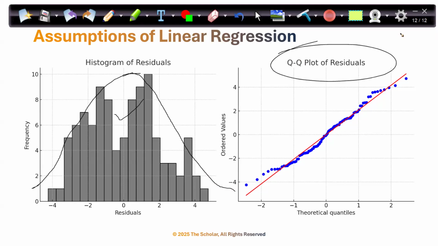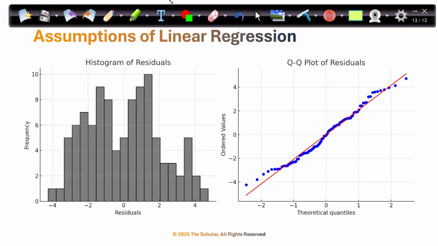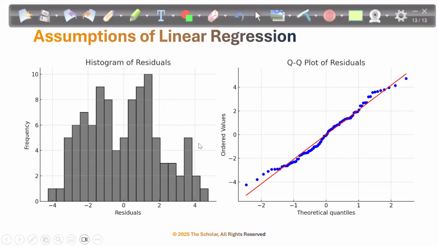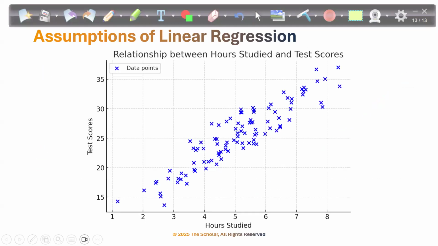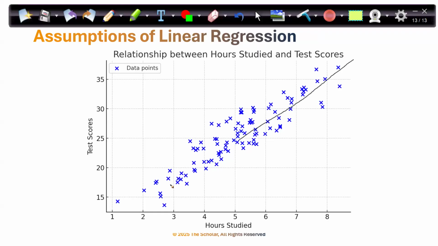Second is this plot, which is known as the QQ plot. It's not an outlier. Why is it an outlier? This is my line, so these points are outliers.